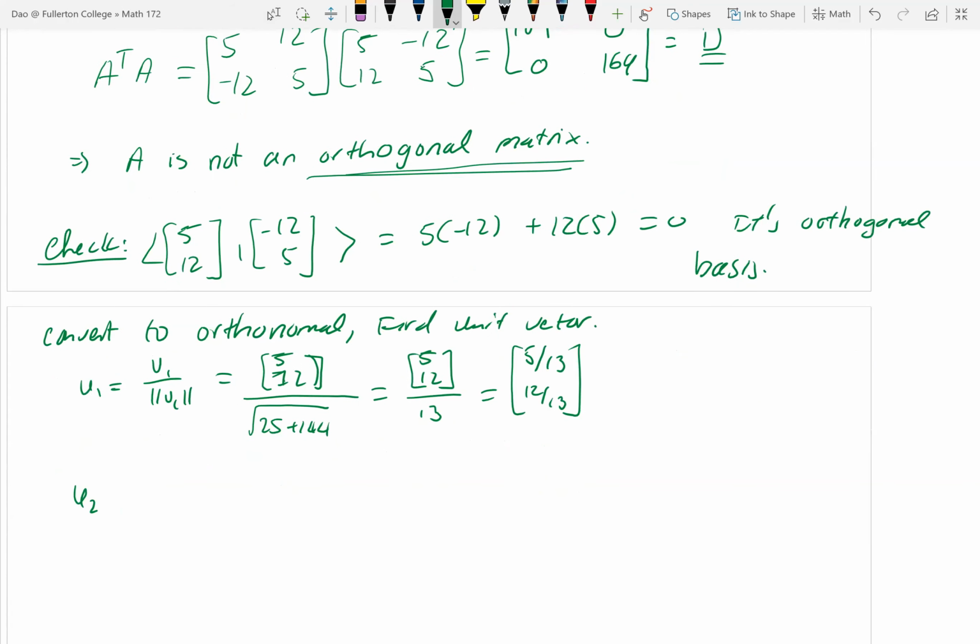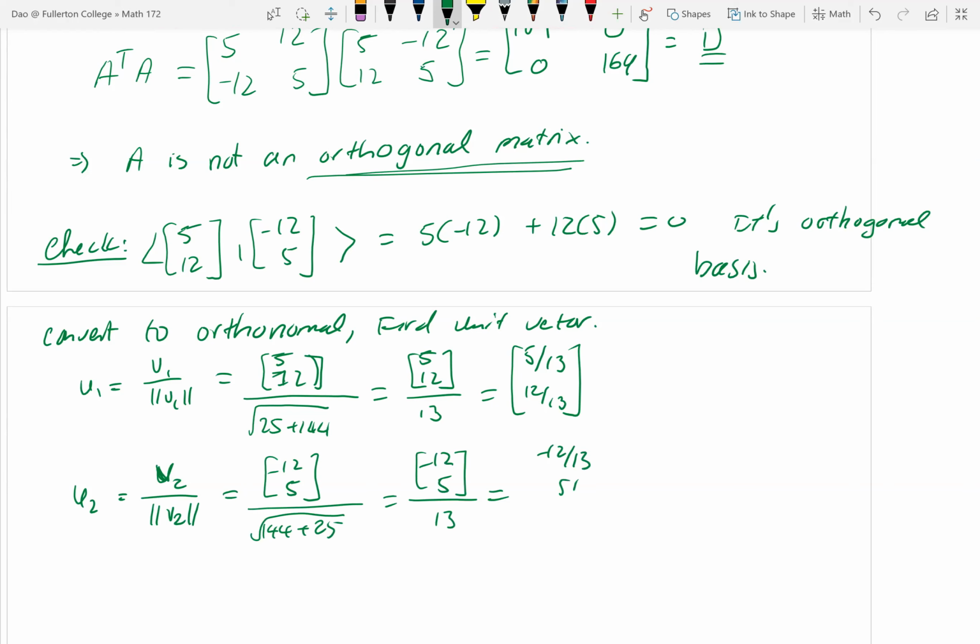And then U2 equals V2 divided by the magnitude of V2, which is -12, 5 divided by the square root of 144 plus 25. You get -12, 5 divided by 13 again, so you get -12/13 and 5/13.